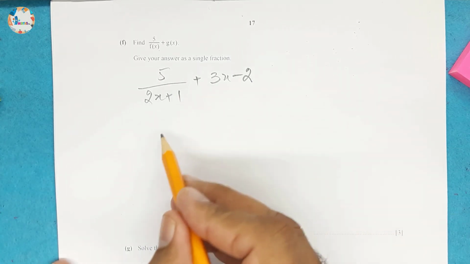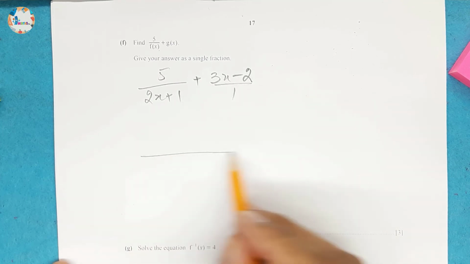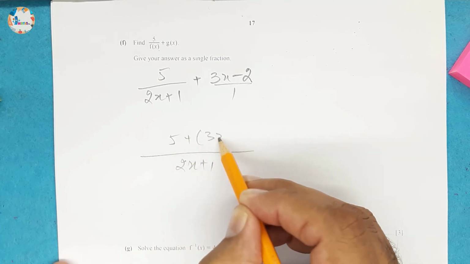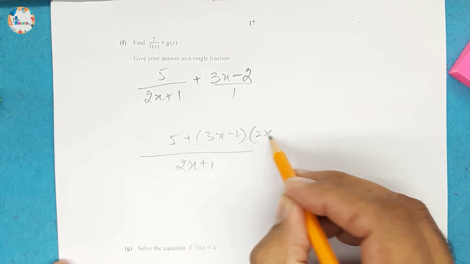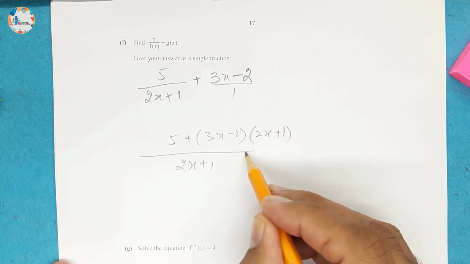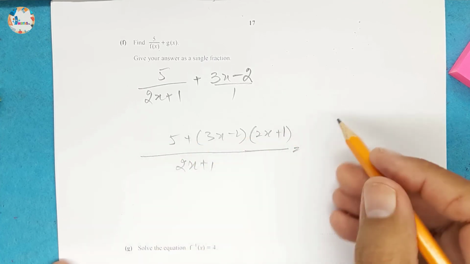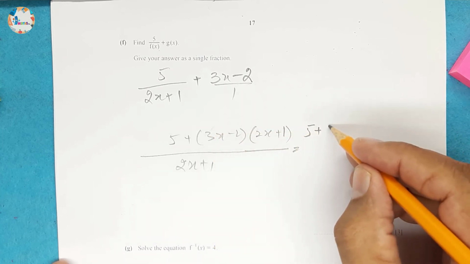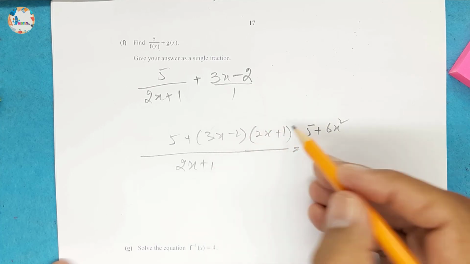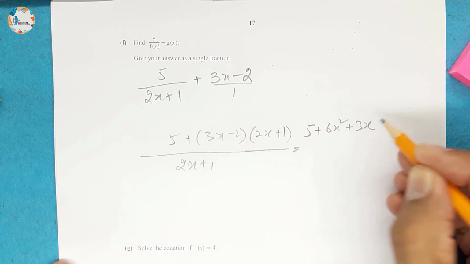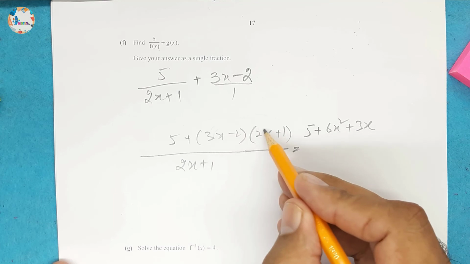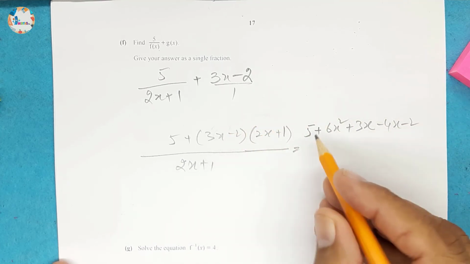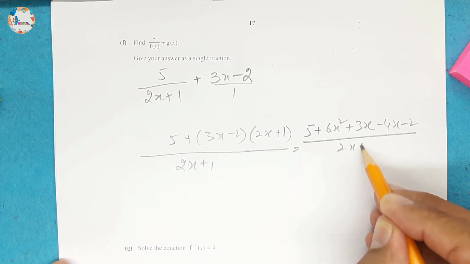So if we write over 1, then we can write 5 plus 3x minus 2 into 2x plus 1, and this can be written as 5 plus this into this will be 6x squared, this into this will be plus 3x, and this into this will be minus 4x, and this into this will be minus 2, divided by 2x plus 1.